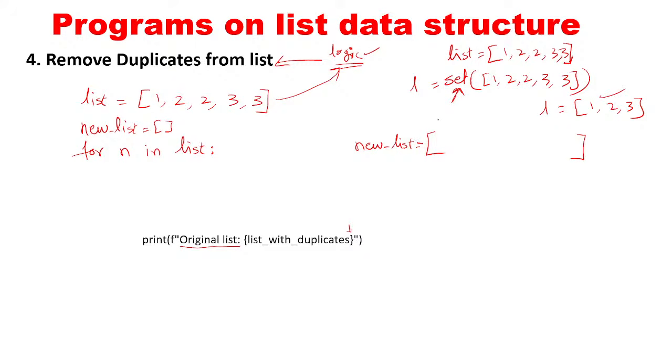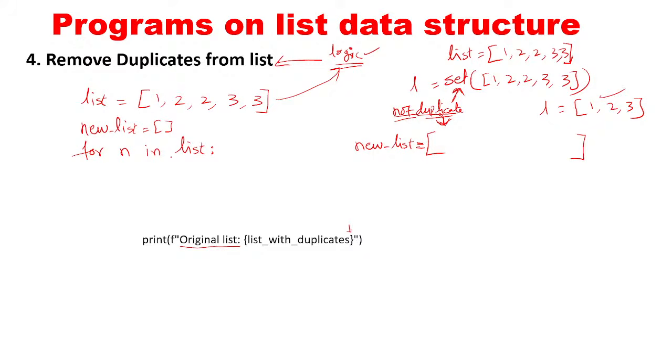If a number is not present in this new list, you can assume that it is occurring only one time. It is not a duplicate number. If it is a duplicate number, we don't add it to the list. That means if it is not a member of this new list, then add it. If it is already a member, that means the number is a duplicate of one of these numbers.